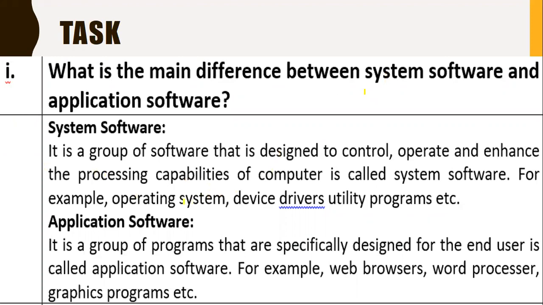For example, operating system, device drivers, put a comma over here, the comma is missing, and utility programs, etc. Then application software is a group of programs that are designed for the end user. For example, web browsers, word processor, graphic programs, and games, etc.